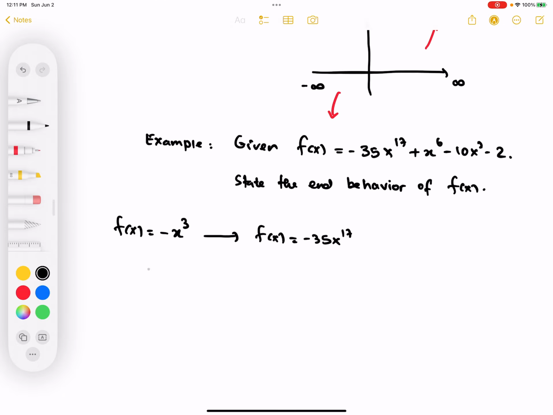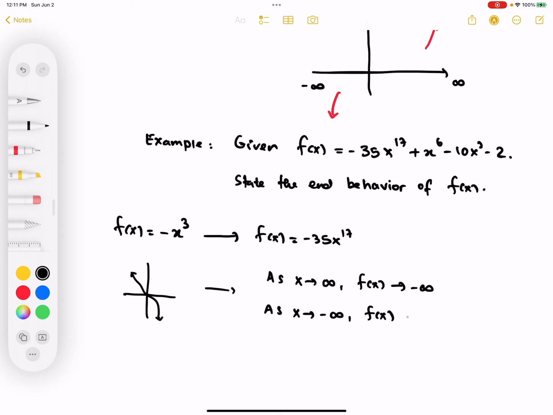You can just draw a simple graph of this one. So the behavior is similar. As x goes to positive infinity, f of x of this degree 17 goes to negative infinity. As x goes to negative infinity, f of x goes to positive infinity.